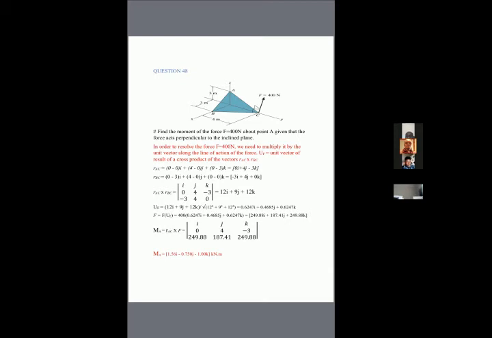So in this case, we want to get a line that's perpendicular to the line AC as well as the line BC. So to get that, we'll simply get the cross product of AC crossing it with BC. So when you get the cross product of the two lines, the result will be a vector which will act in the direction of the 400 force.